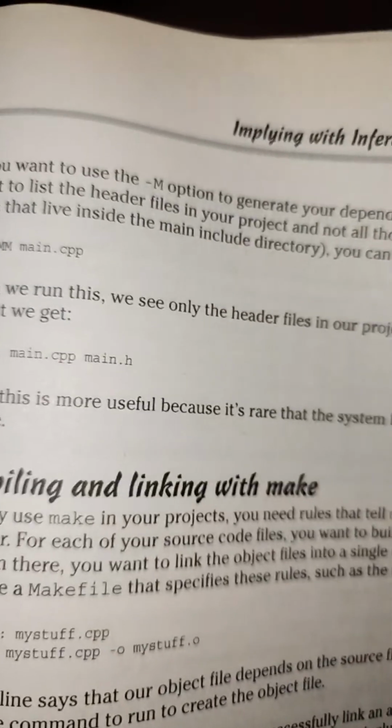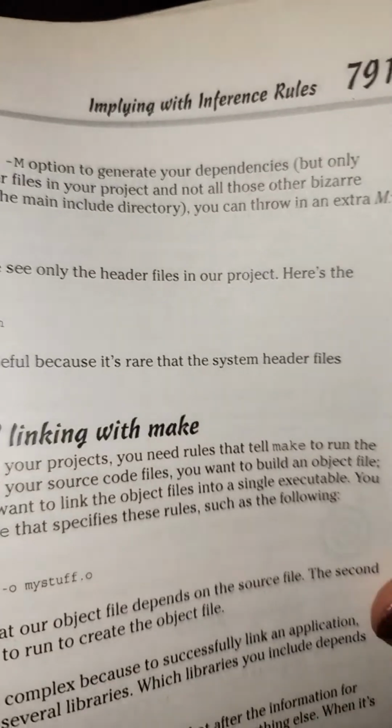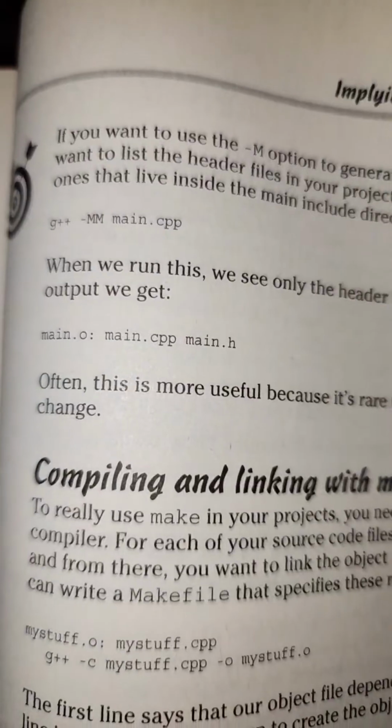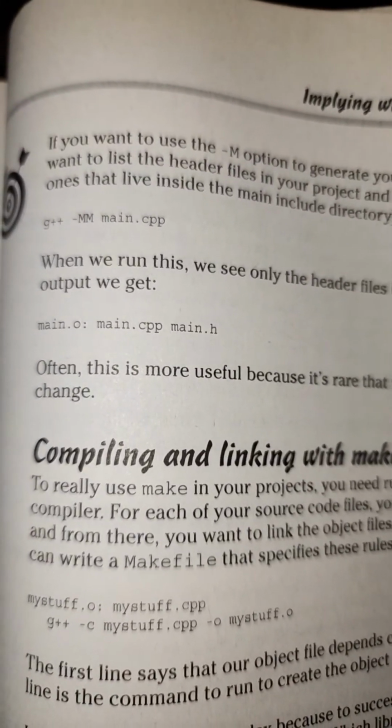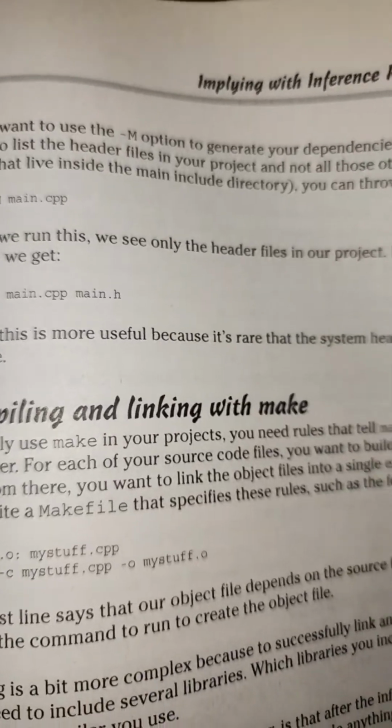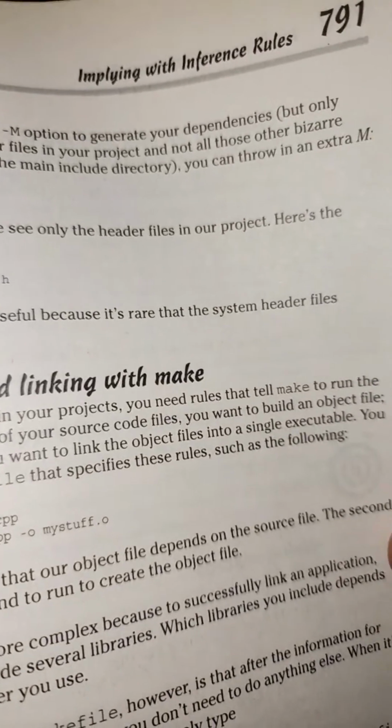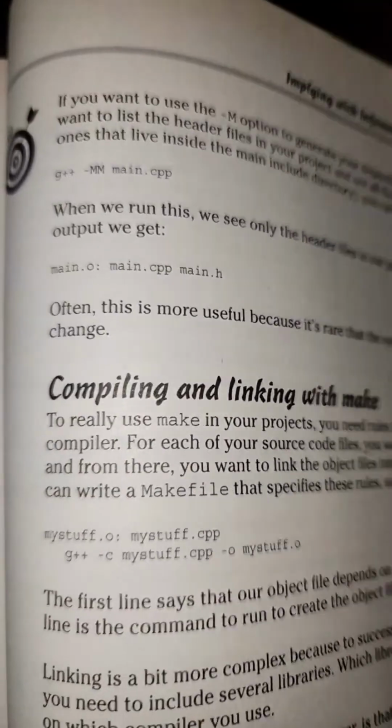When we run this, we see only the header files in our project. Here's the output we get, which is main.o, main.cpp, main.h. Often this is more useful because it's rare that the system header files change.